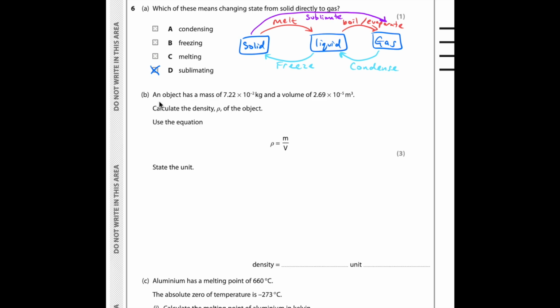Part B. An object has a mass of 7.22 times 10 to the minus 2 kilograms, so that's M, and a volume of 2.69 times 10 to the minus 5 meters cubed, so that's V, volume. Calculate the density rho of the object using the equation rho equals M over V. So we just need to pop the numbers in, we don't need to rearrange anything.